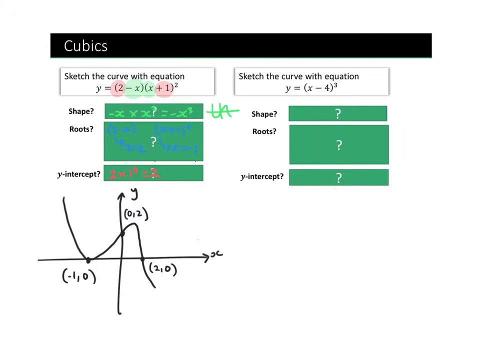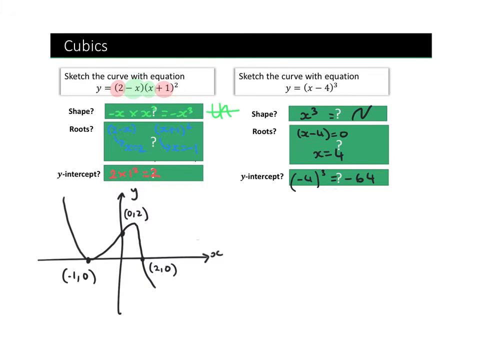Now the second question. Now this one's always a funny one. Okay, so step 1, what shape is it? Okay, well it's positive x cubed. So the shape is going to be like this. My roots is when x minus 4 equals 0, so x equals 4. My y-intercept is minus 4 cubed, which is minus 64.